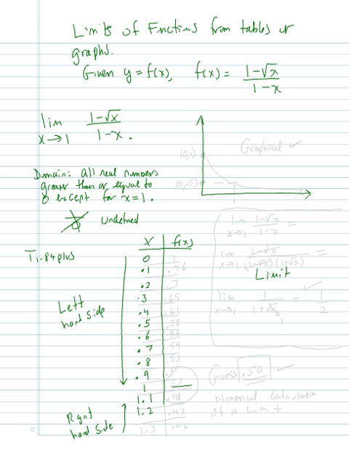At x equals 0, my functional value is 1. Then my values are approximately 0.76, 0.7, 0.65, 0.61, 0.58. You could do this on your own and see if you can replicate these same values.